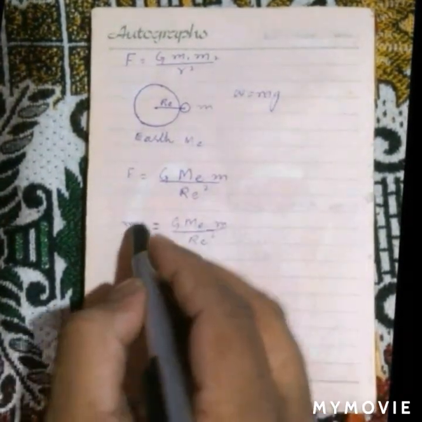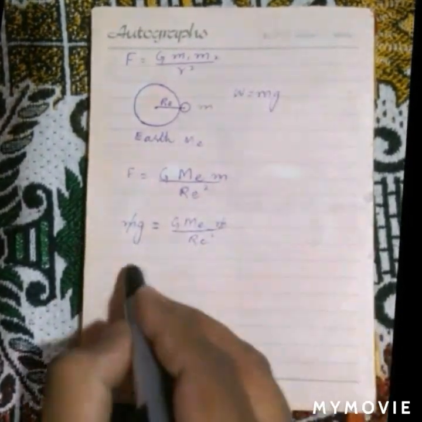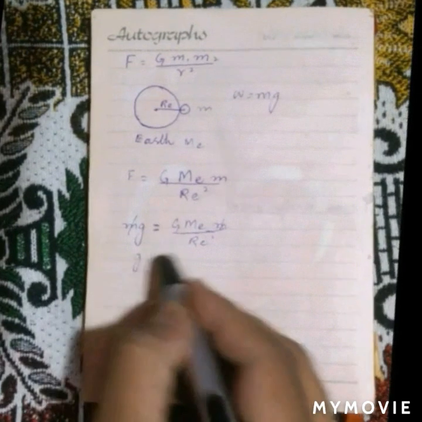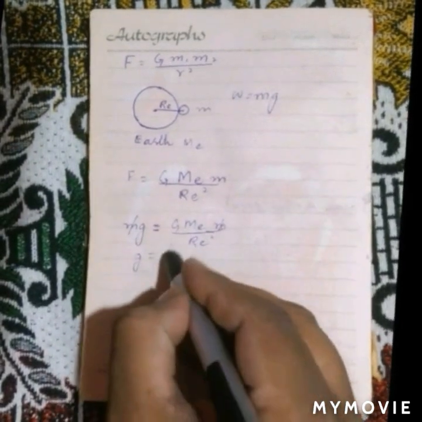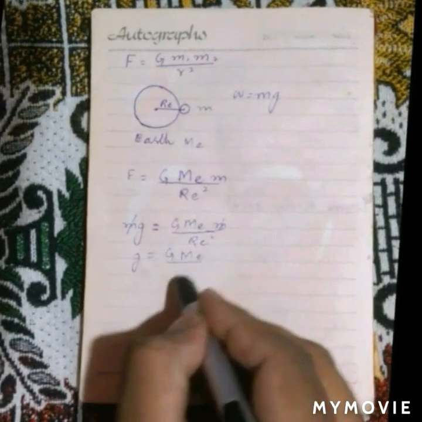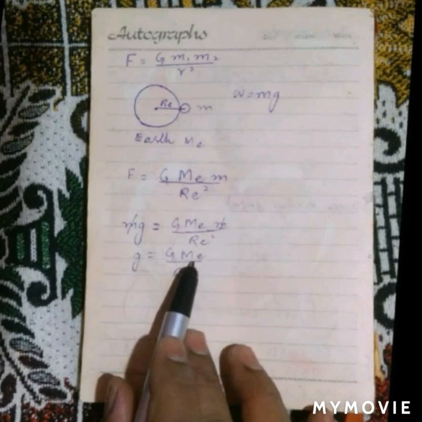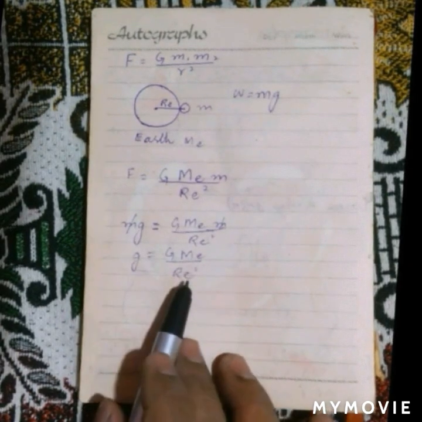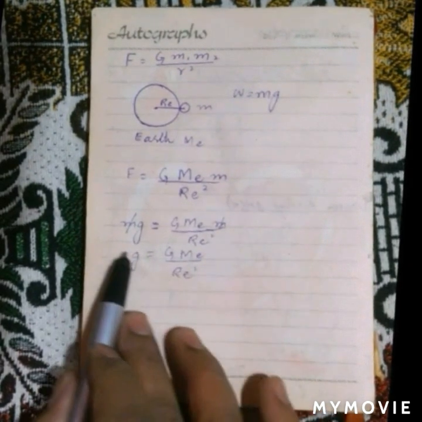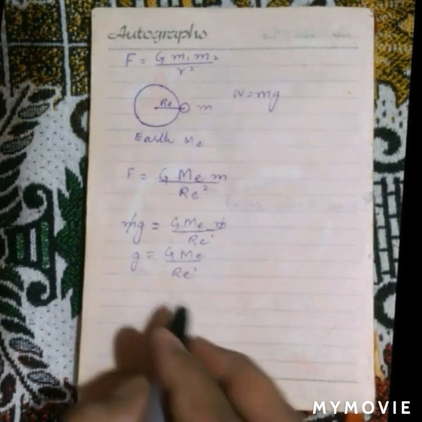Now we note that m is present on both sides of the equation, so it can be cancelled out. Then the more simplified equation will be g is equal to capital G, mass of the earth, divided by r squared. Since we are interested in calculating the mass of the earth, we can shift the radius of the earth to the other side, and capital G will be divided on the other side of the equation.